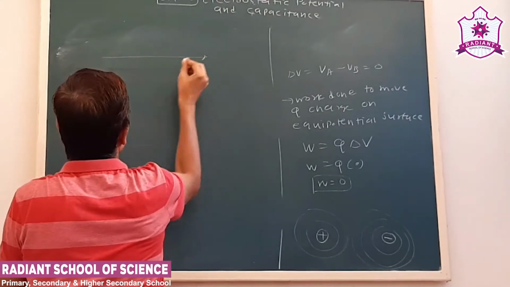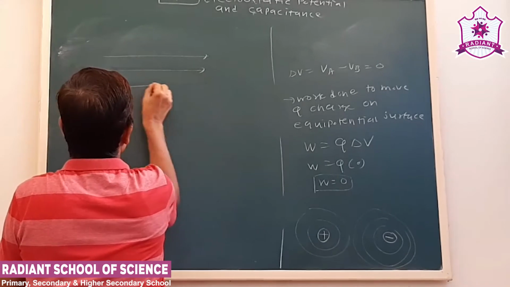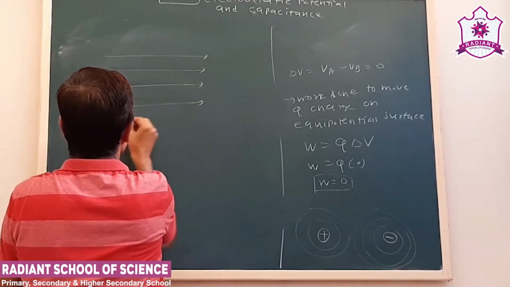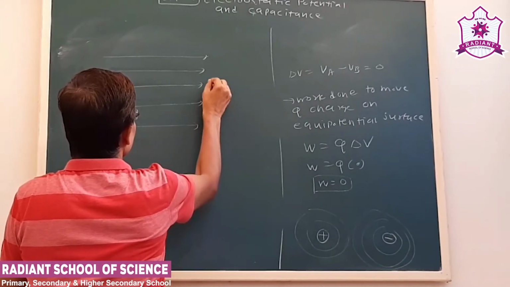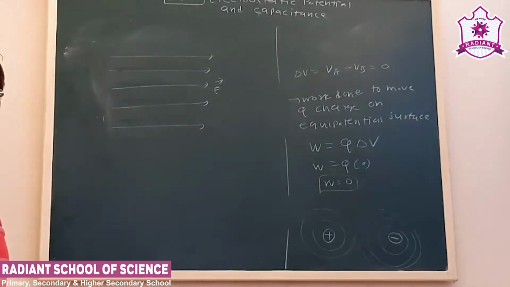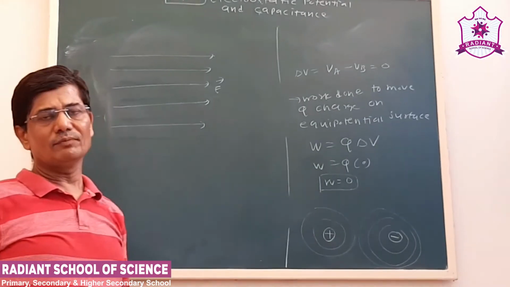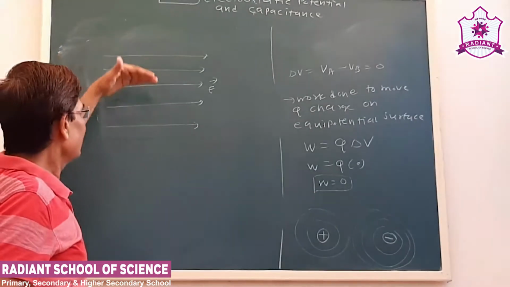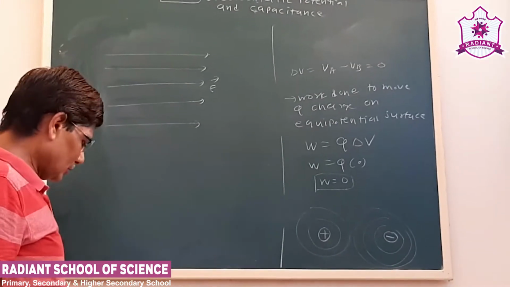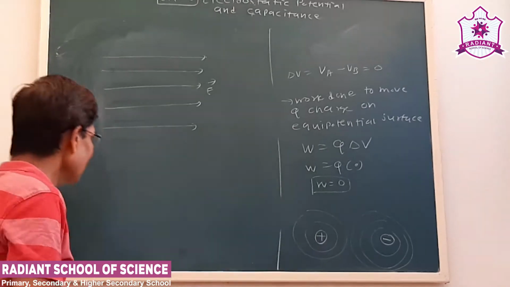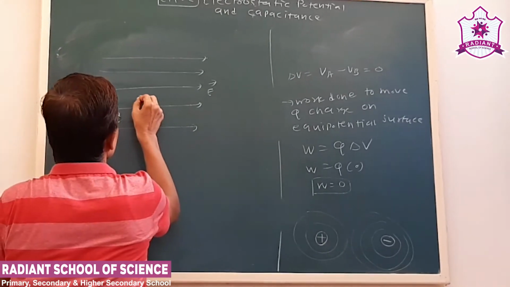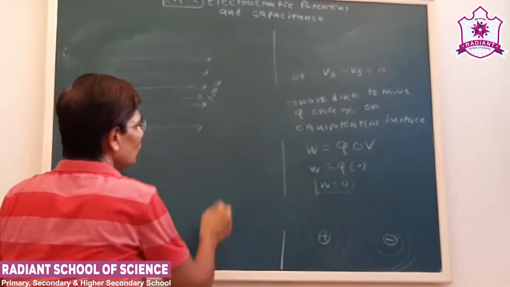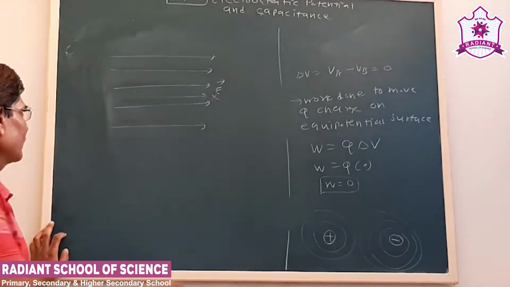Suppose the uniform electric field is E. Now we have seen earlier in the first lesson that if we want to represent a uniform electric field, that will be parallel and equidistant lines. Now let us assume that the uniform electric field is in x direction.